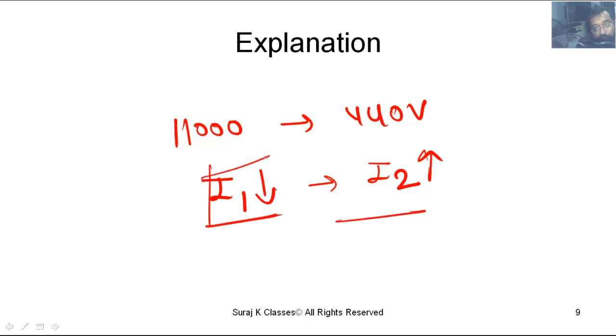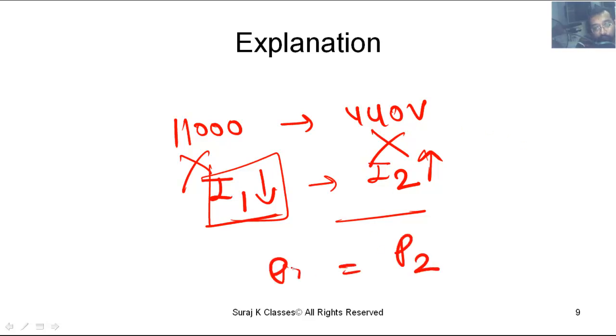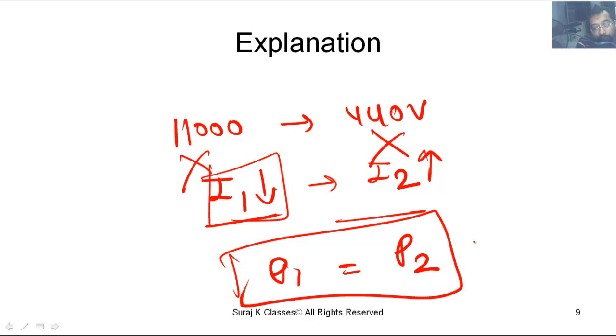When you multiply this voltage and current, the power is going to be equal for you. The power is almost equal at the primary side and the secondary side. If you calculate the power, that would remain equal at both sides. I hope my concept is now clear.